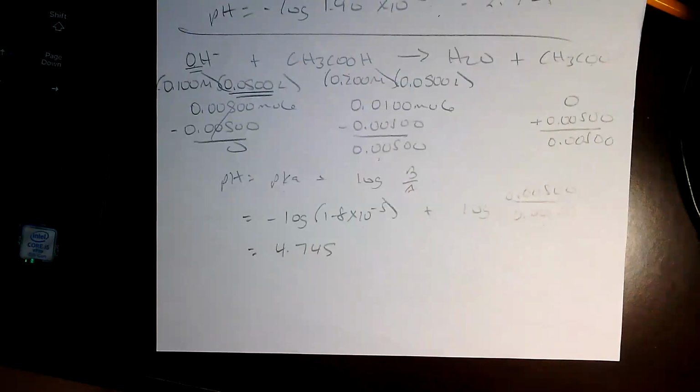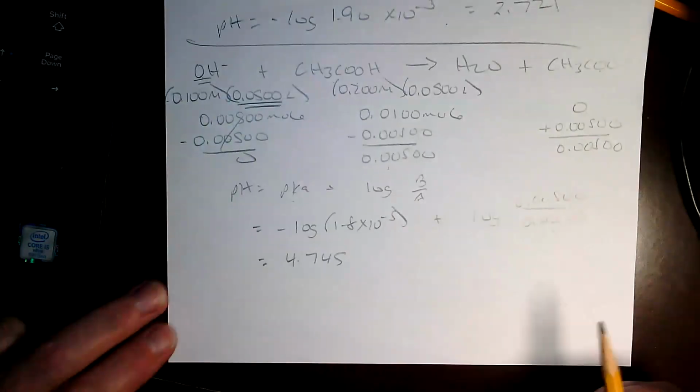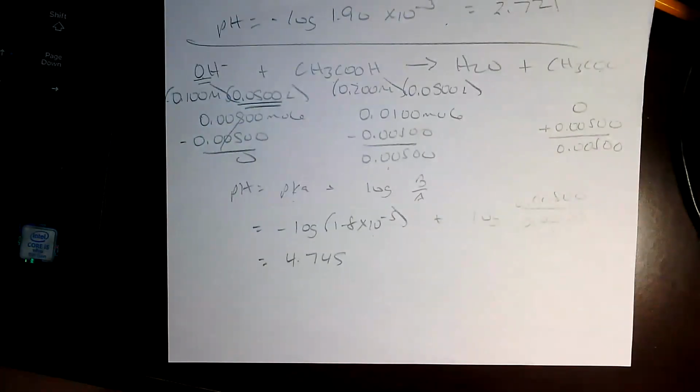Now it's going to be 100 milliliters. Change this to 100 milliliters and do the same kind of problems. See what you end up with. I'll give you a hint: it's not going to be a buffer solution anymore. And calculate your pH.